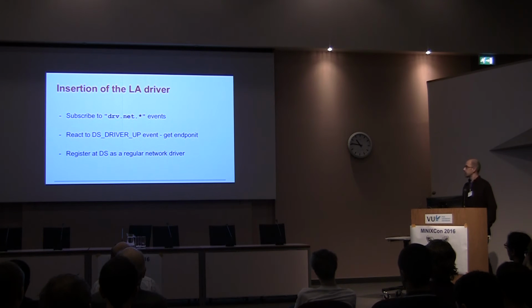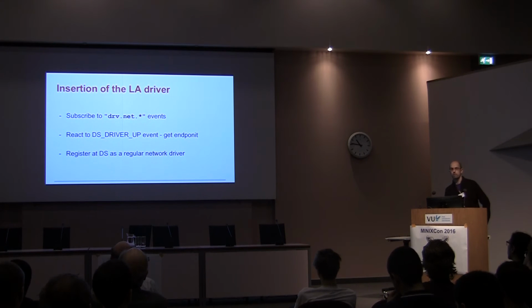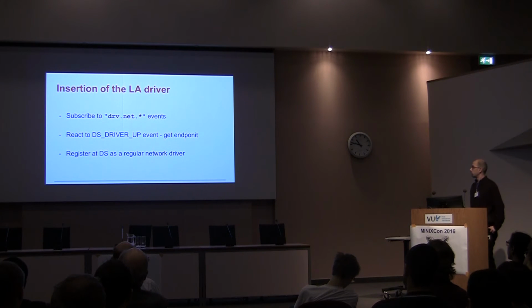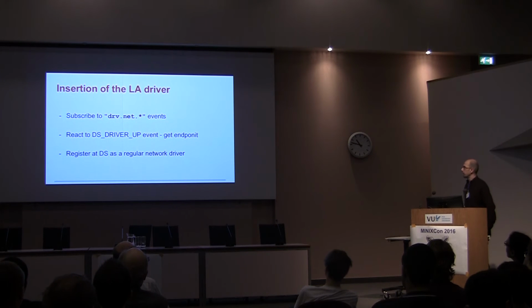So how should I insert this? Well, I made a server driver, and I made it subscribe to DS for networking drivers. So it would detect all other networking drivers which there are, and react by detecting the driver up event and recording its endpoint.